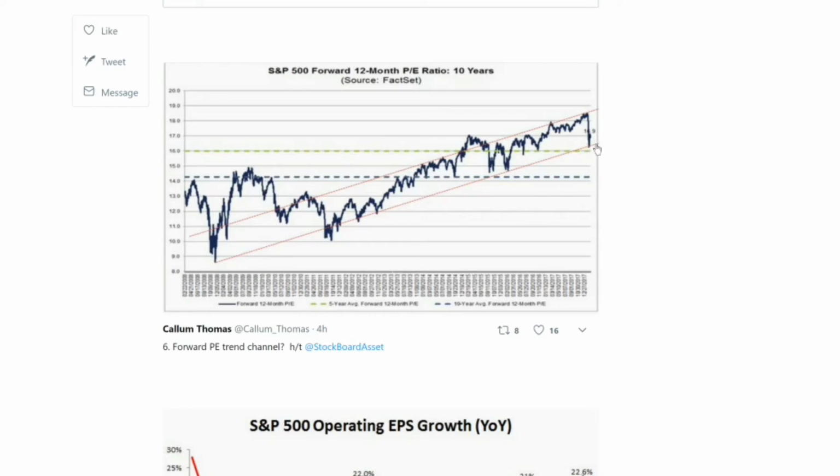And in terms of absolute levels, you can't call forward PE ratio cheap, certainly relative to history at these levels, but it has come back. It's become a lot less expensive. So it looks like it was about 18.5 before the correction, and the low point there was almost 16. Stocks are on sale versus where they were, at least.